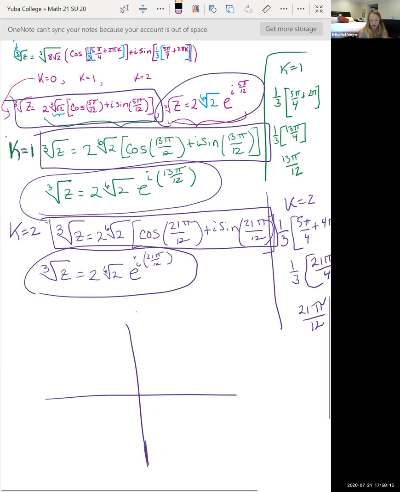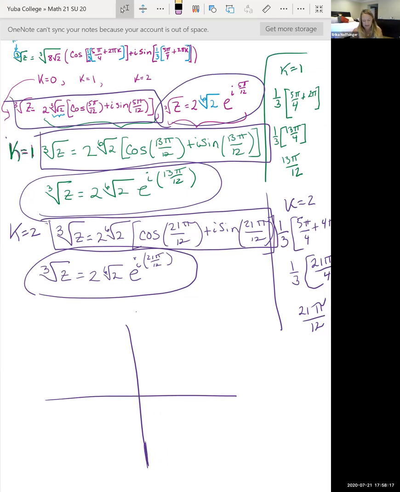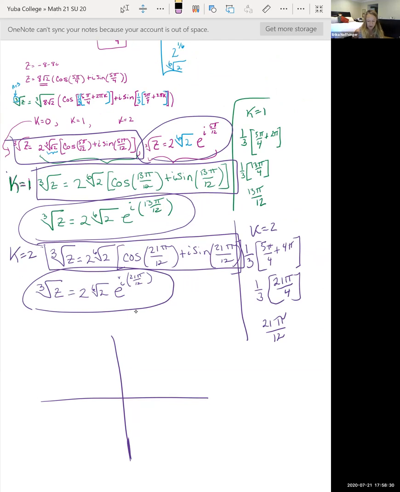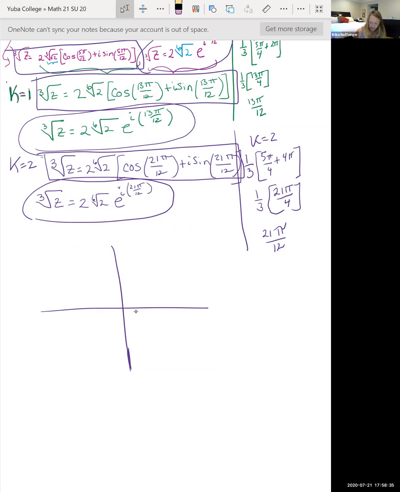And so we could figure out what each one of those angles is, and then we're going to go out our R value of 2 times the 6th root of 2. So I would have to convert these technically to degrees to be able to graph it more. So if I had 5 pi twelfths as one of my angles, this is 180 over pi.